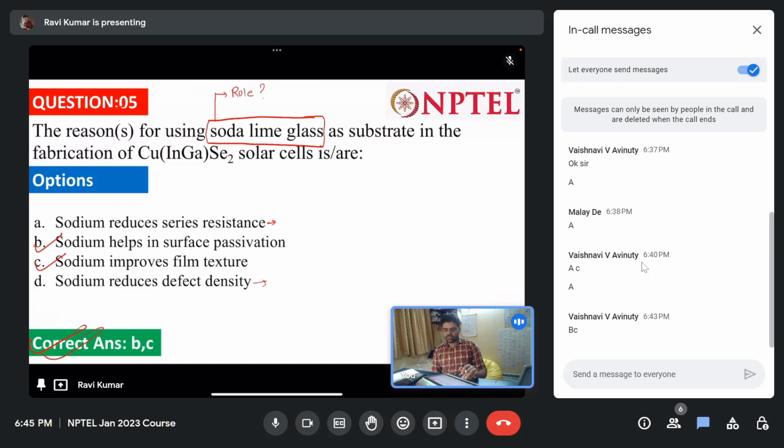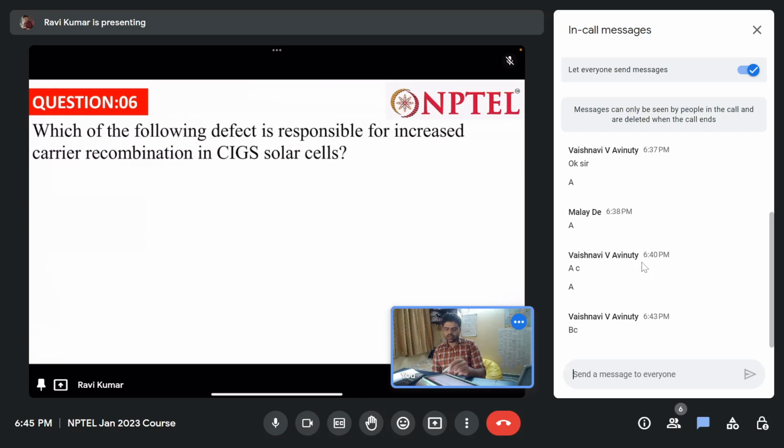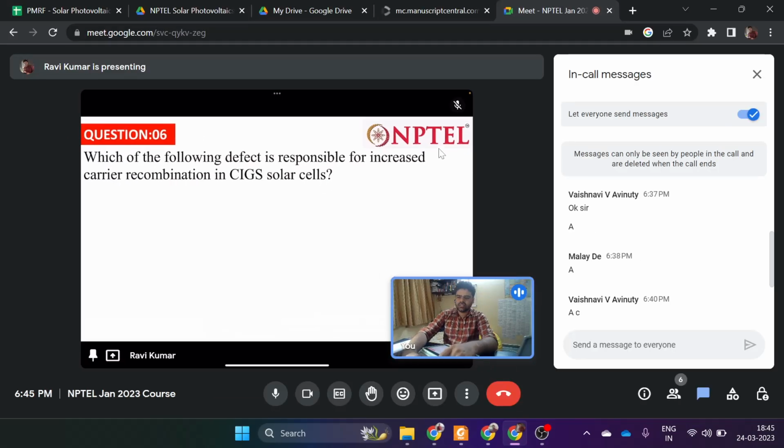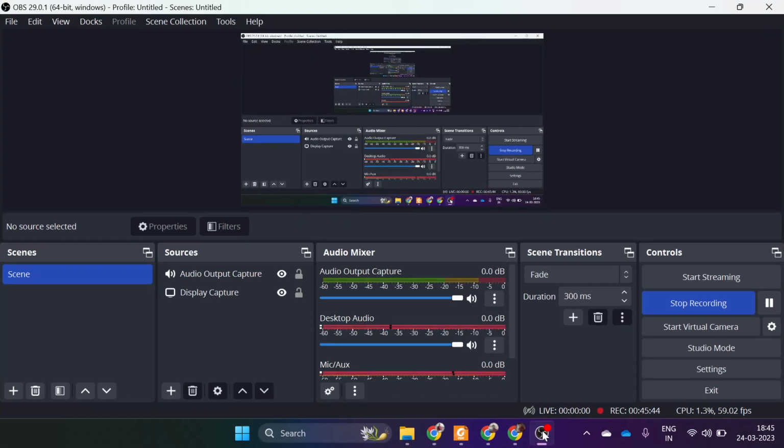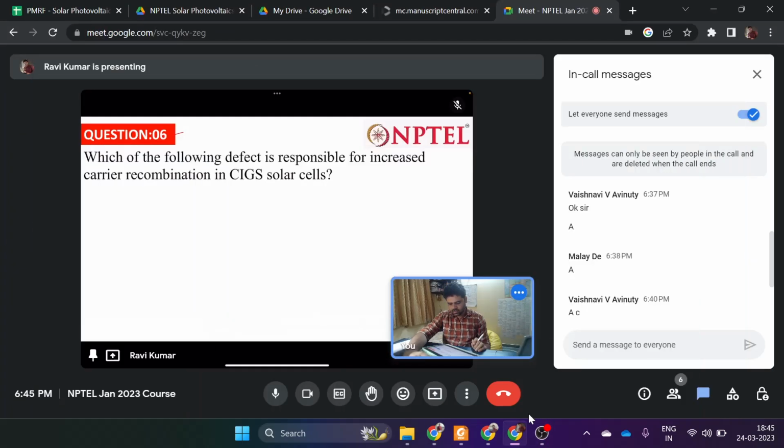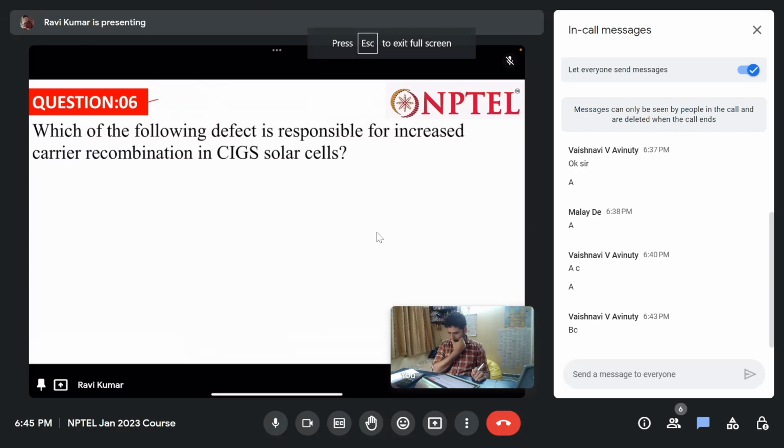Okay, next question, it says which of the following defects is responsible for increased carrier recombination in CIGS solar cells. You are saying copper atom substituting indium sites.